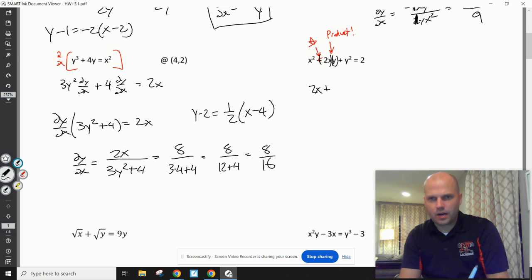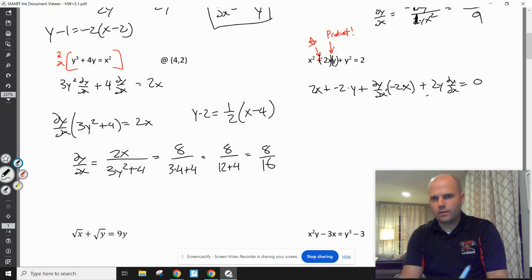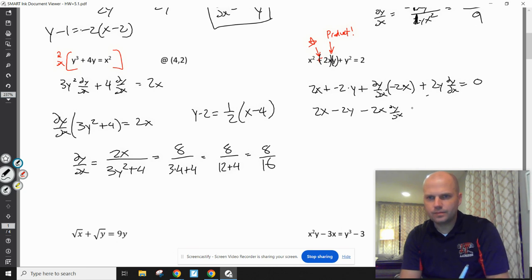If you bake it in, this is what it would look like: the derivative of negative 2x times y plus the derivative of y times negative 2x. It's important to understand you're multiplying things. Probably a good idea is to rewrite this so that the 2x is in front of the dy dx.